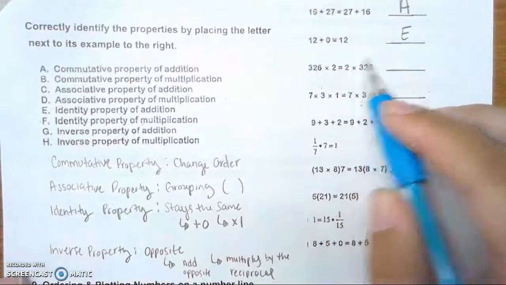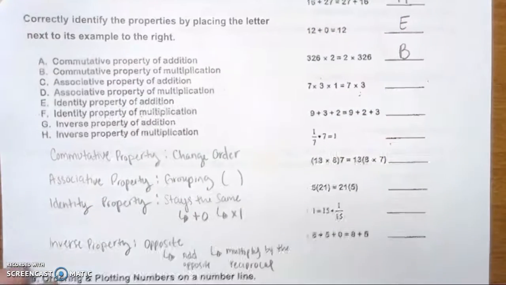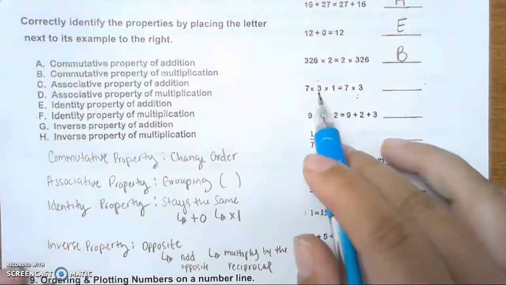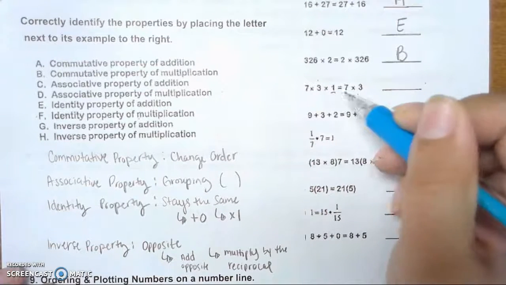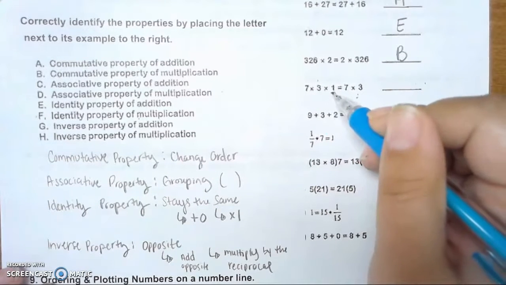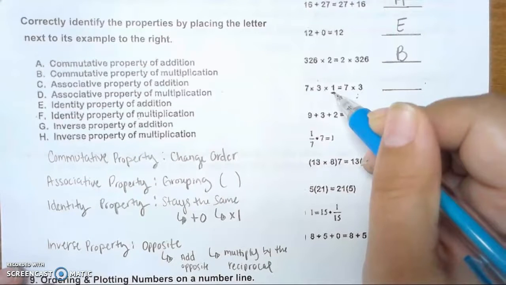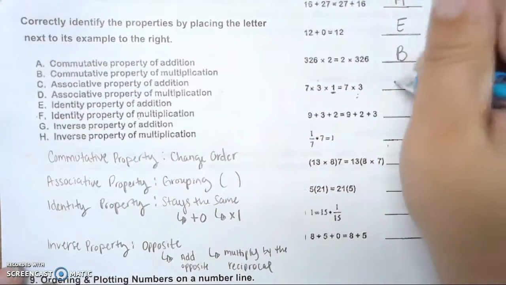They just changed order. So it's the commutative property of multiplication. 7 times 3 times 1 equals 7 times 3. Well, multiplying the left side by 1 makes it just stay the same. Therefore, it's the identity property of multiplication.